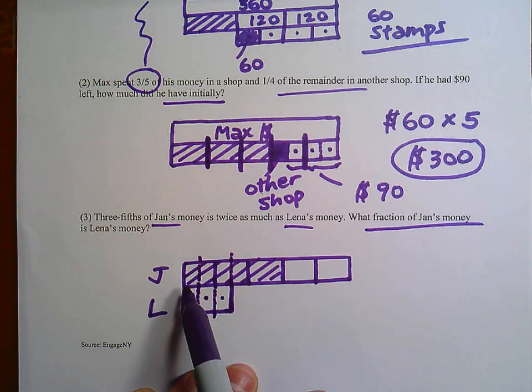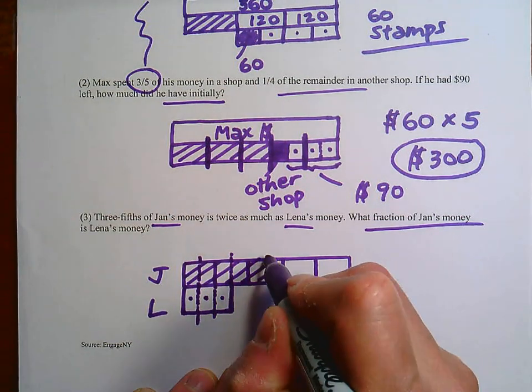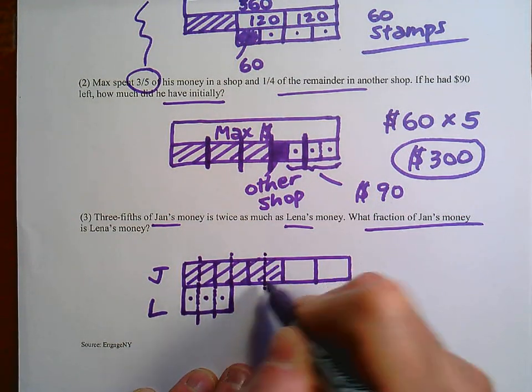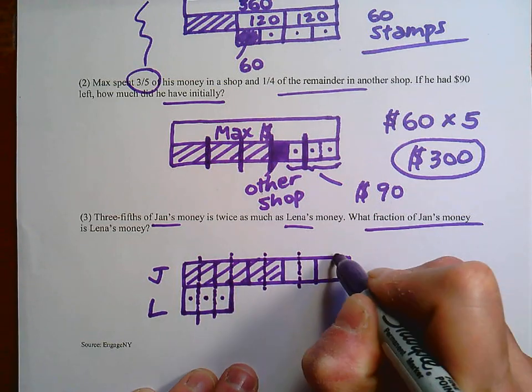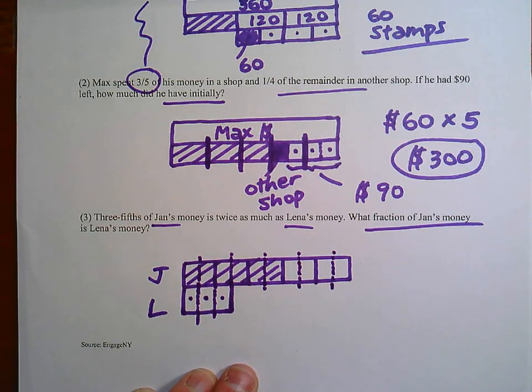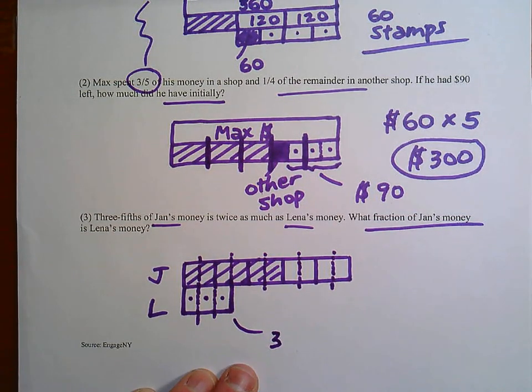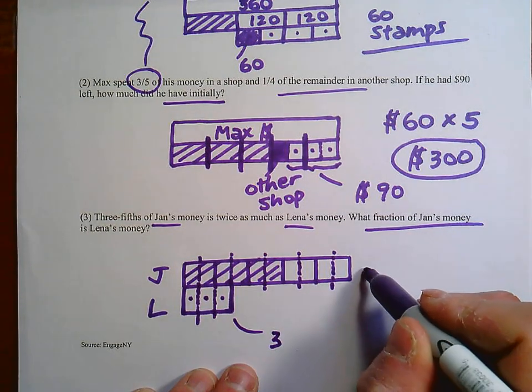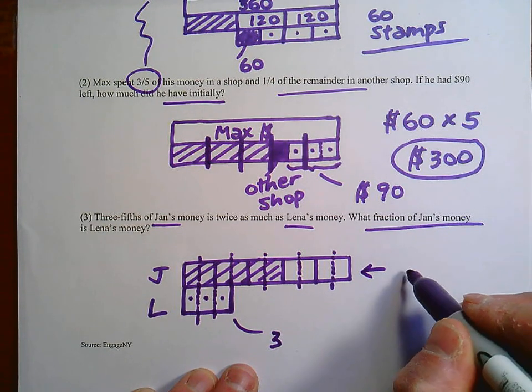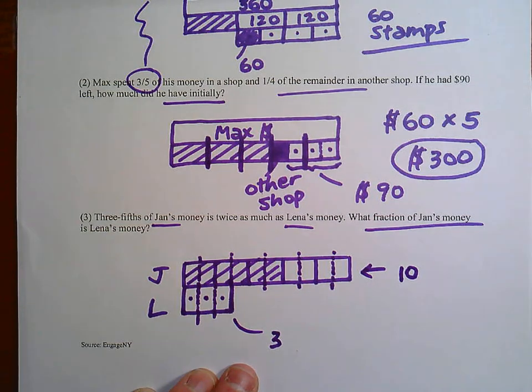Now what we can see is Lena has 3 of these small boxes. How many of the small boxes does Jan have? One way to do that is to take each larger brick and make 2 of them, like this, so we're comparing apples with apples. Now you can see Lena has 3 of these, even though we don't know the value of each one. How many does Jan have? She has 10, because originally we had 5, and then we cut them all in half.